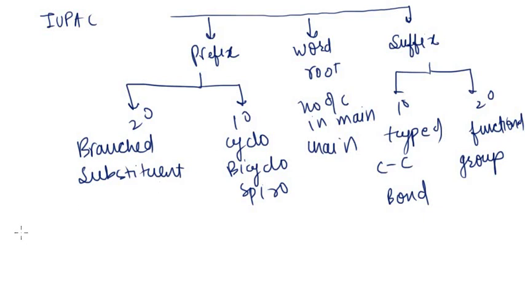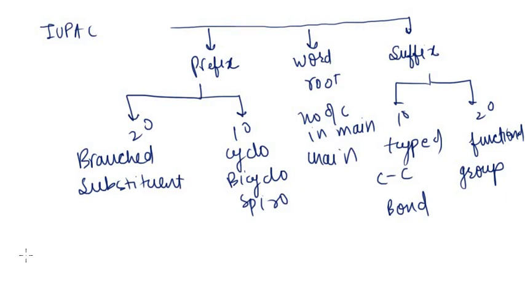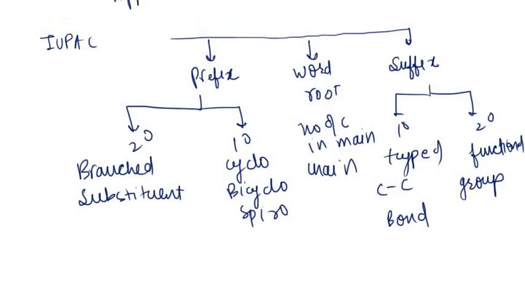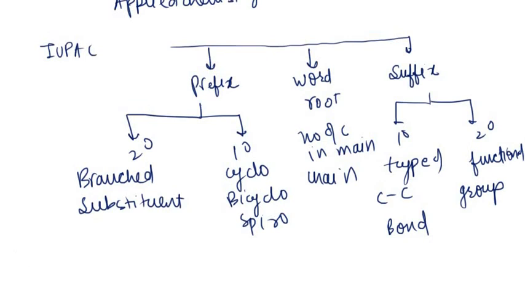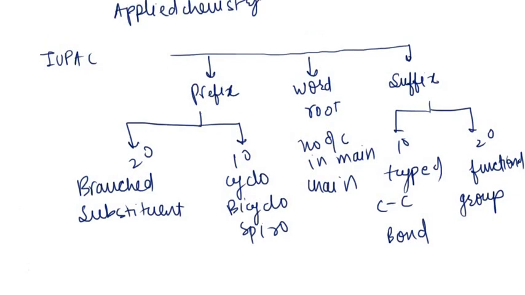Now the overall name should be like this. Overall naming of the functional group should be the 2 degree suffix. Then first of all it should be the 2 degree prefix, right?